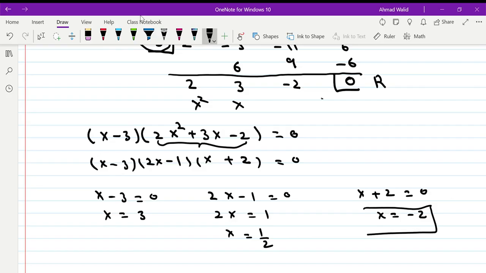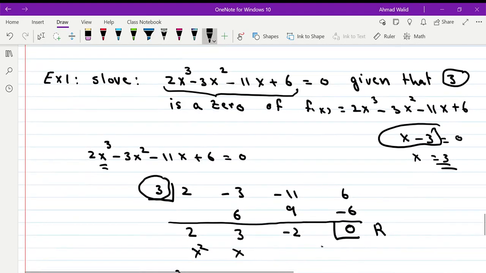You solved a cubic equation, 3 answers, by using the hint that 3 is a zero of this function, which means x minus 3 is a factor. There is another function on page 391 that I leave for you to solve: f of x equals 15x cubed plus 14x squared minus 3x minus 2.